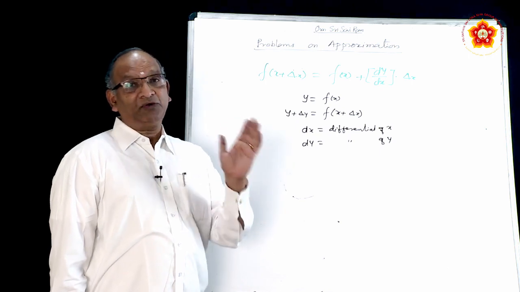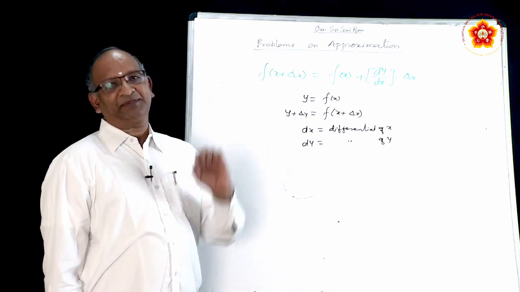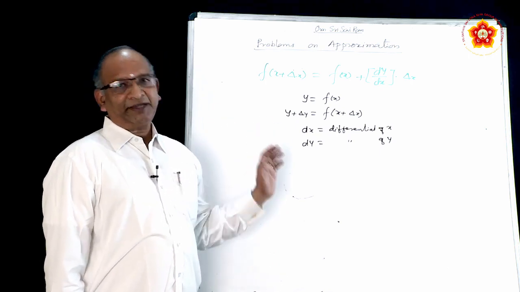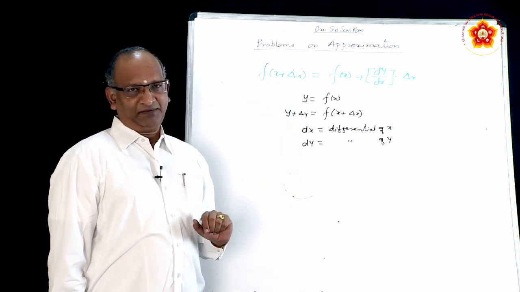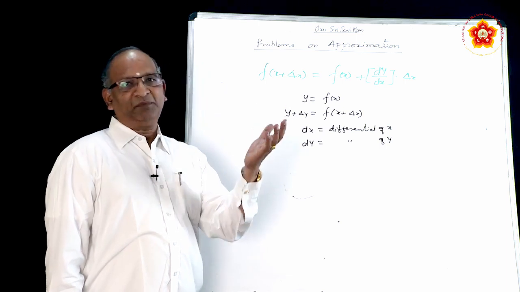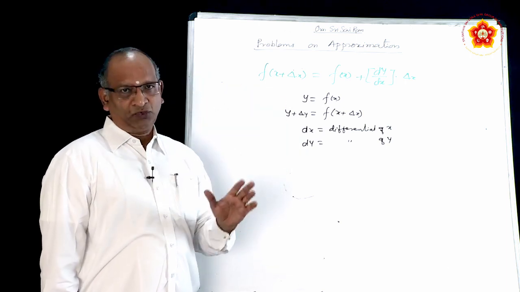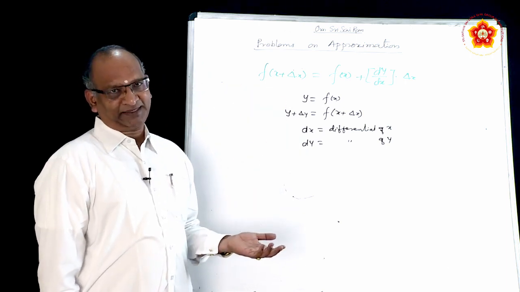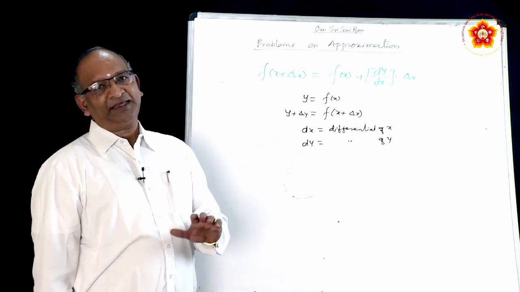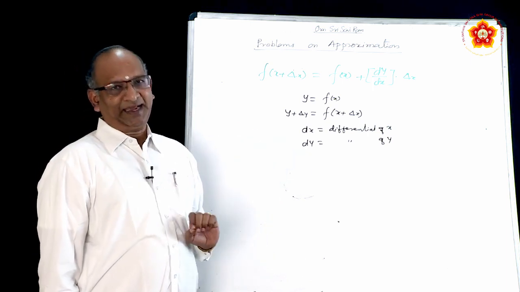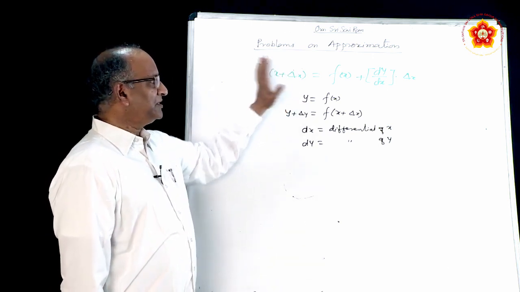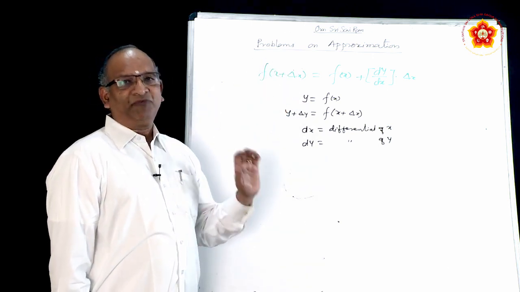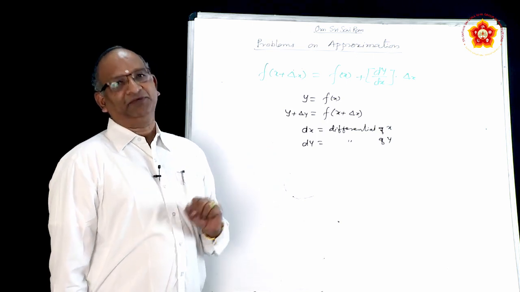We know the square root of 36, so 36 becomes x. 32.15 to the power 1 by 5: 32 to the power 1 by 5 we know as 2, so 32 becomes x. Whatever is other than that becomes delta x.